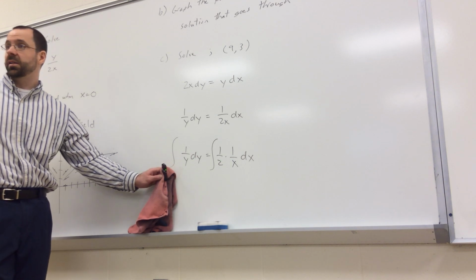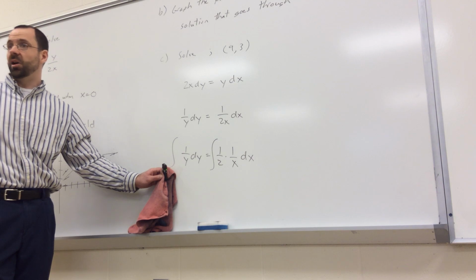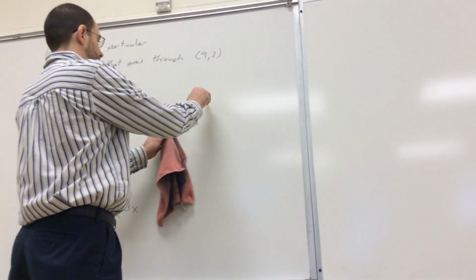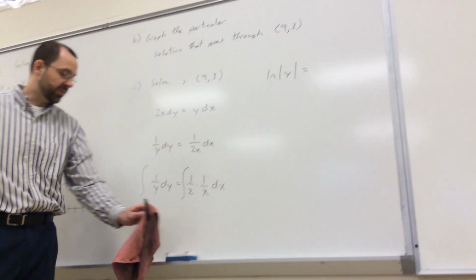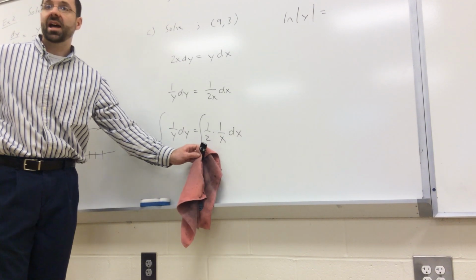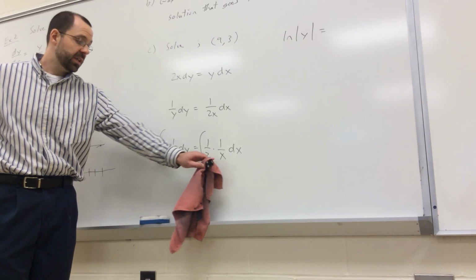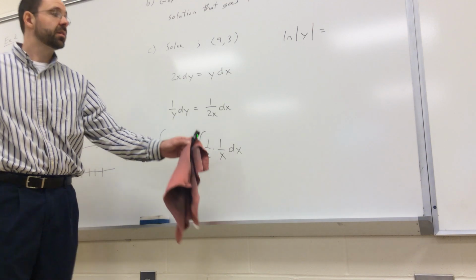Antiderivative of 1 over y is the natural log of the absolute value of y. For this side, the 1/2 can just come out in front of the antiderivative, so it just carries down. And then the antiderivative of that is natural log of the absolute value of x.